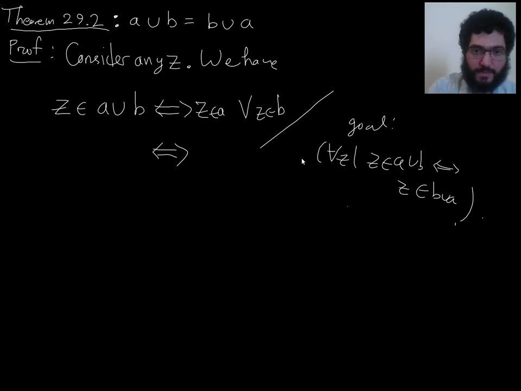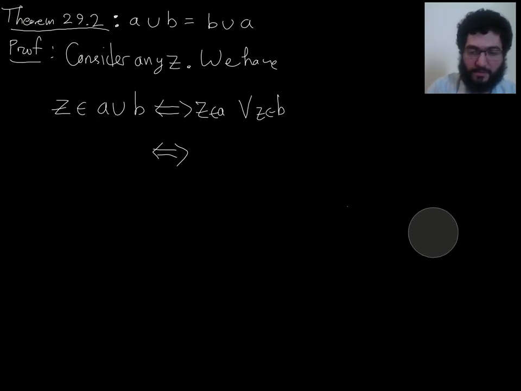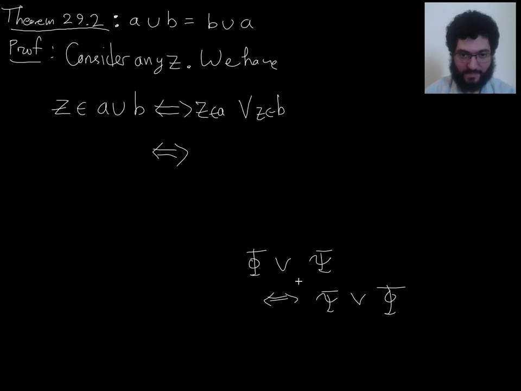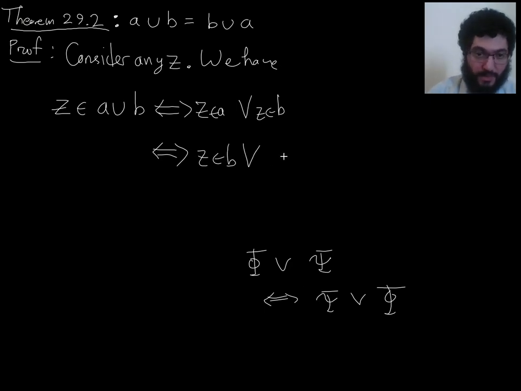So let me get rid of this. We can remember what the goal is. If you have an or, like phi or psi, then you can flip the order and you'll get an equivalent proposition. So that's from logic, and I don't need to reference anything when I do that.